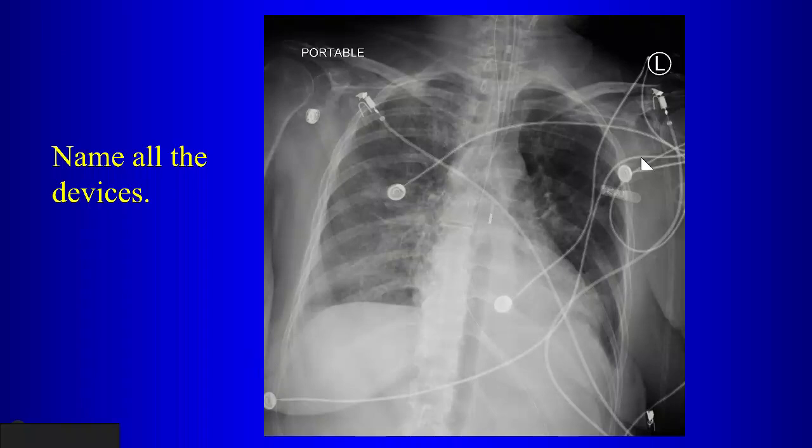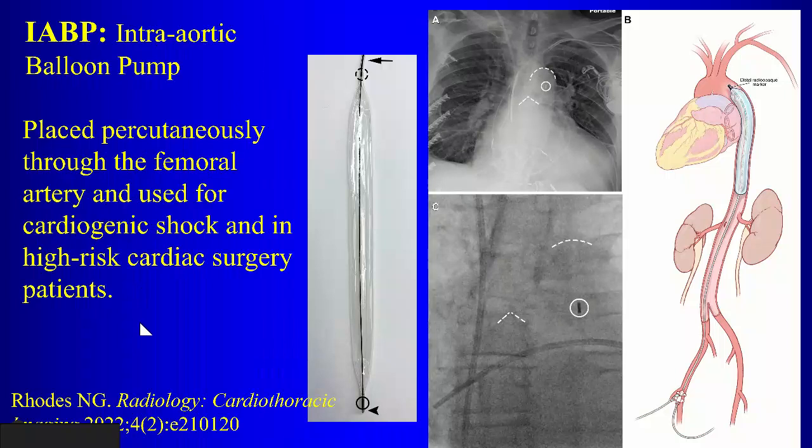Other devices, of course, this one we know is a loop recorder. Yeah. The balloon pumps are placed percutaneously through the femoral artery and used in patients with cardiogenic shock and high-risk cardiac surgery patients. The ideal location is the proximal descending thoracic aorta.